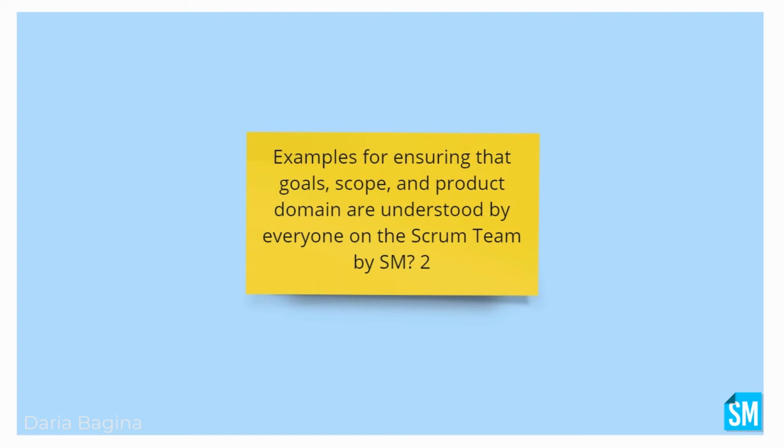Now going back to these roles in Scrum, everything that is related to the product is the responsibility of the product owner, including everyone understanding the product and the product requirements, or the product backlog items, right? The product backlog itself.